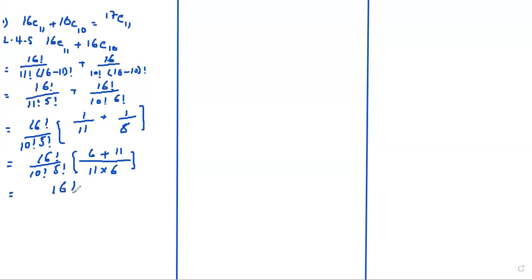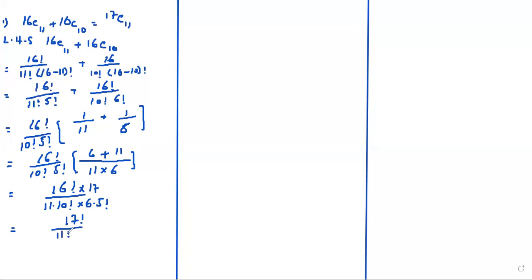16 factorial. Now we can write 11 times 10 factorial multiplied by 6 times 5 factorial. And here we have 17. So 17 times 16 factorial would be 17 factorial. Eleven times 10 factorial is 11 factorial.